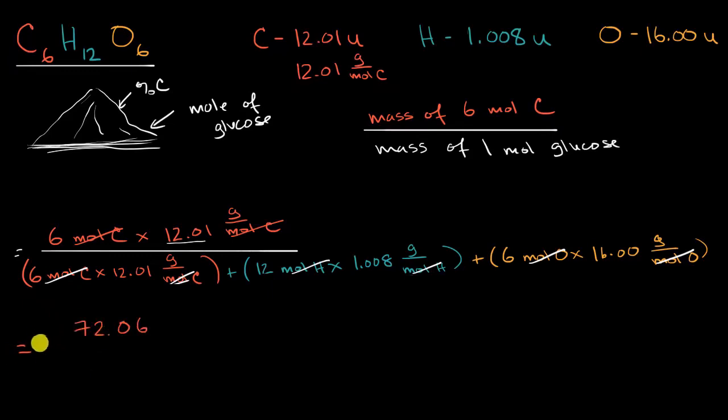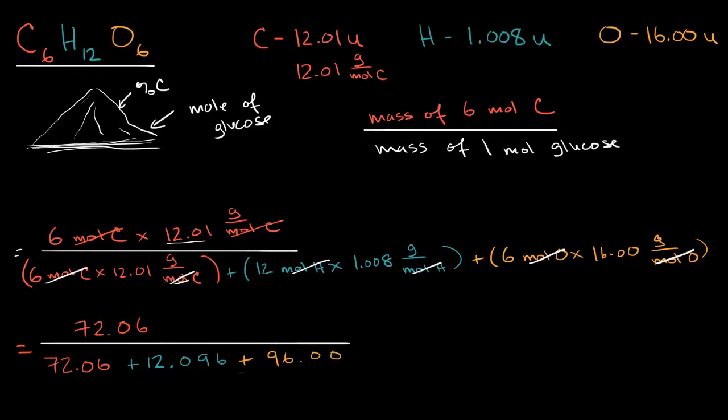And then in the denominator, I'm just going to do the pure calculation first, and then I'm going to worry about significant figures. So in the denominator, we have 72.06 plus, 12 times 1.008 is 12.096.